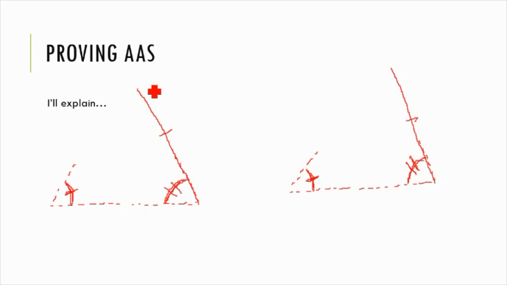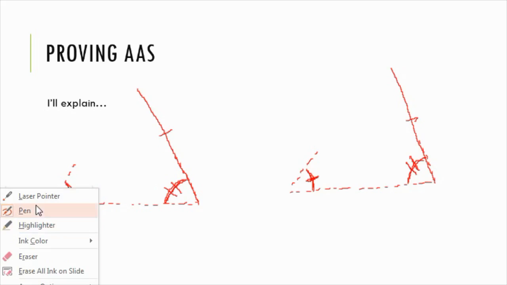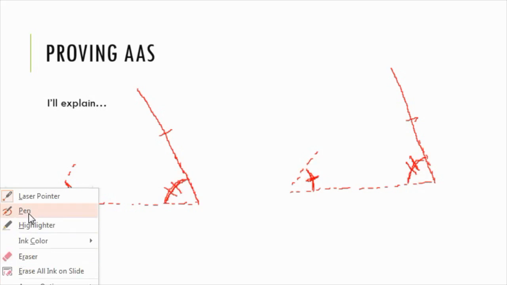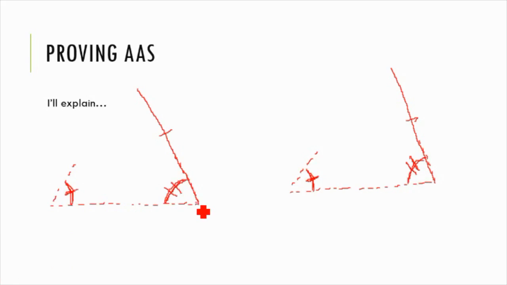Because of this side, if both of these triangles are congruent, both of these sides of the triangle are congruent, and then this angle and this angle are also congruent, that means that the sides of both of those triangles are going to come out to a certain point over here.